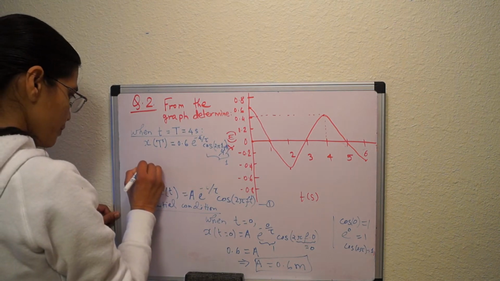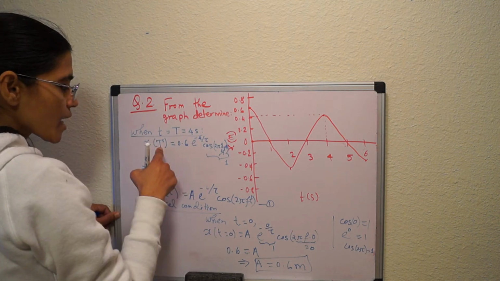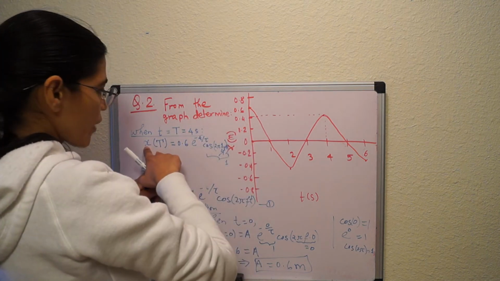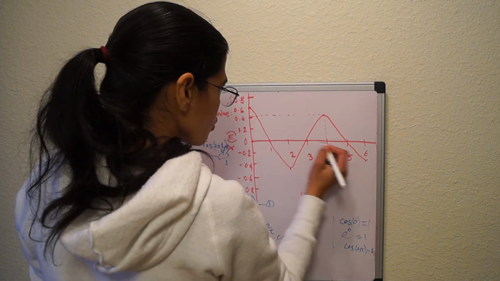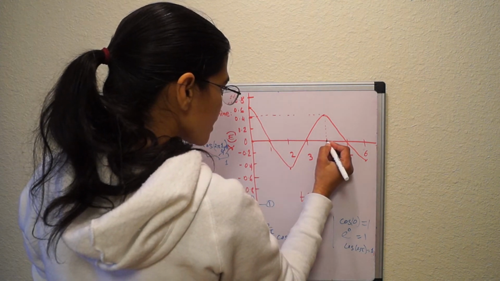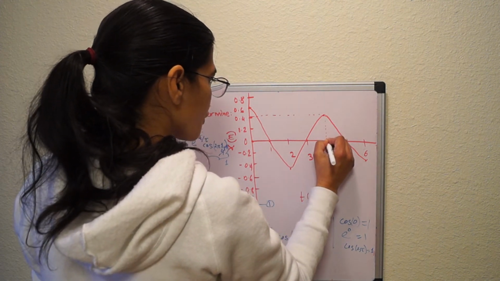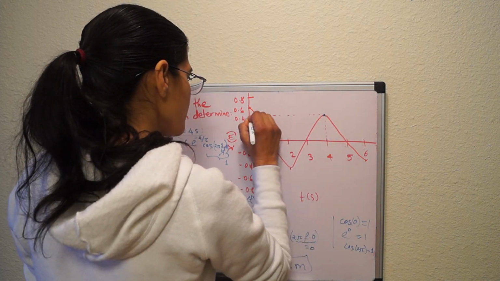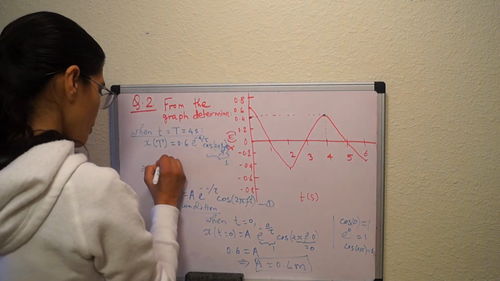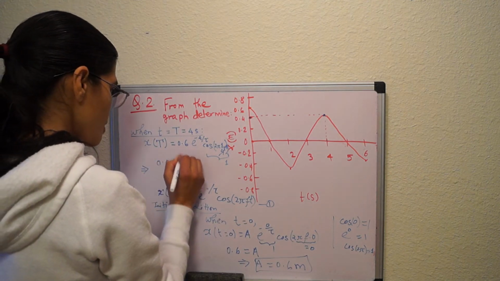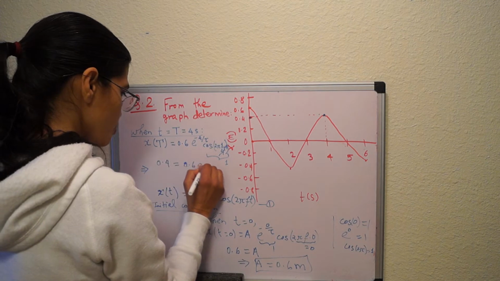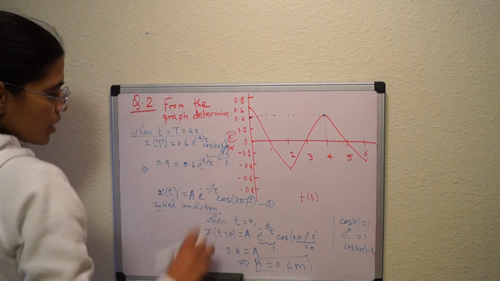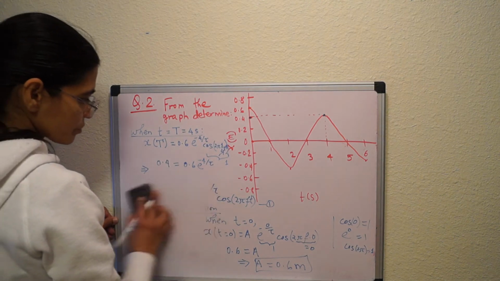So x at period T, what is T? T is 4 seconds. At 4 seconds, what is the value of x? We go up here. This is the value of x, and the value is 0.4. So 0.4 equal to 0.6 e to the power minus 4 by tau. Alright, now this looks much simpler. I'm going to erase this part.